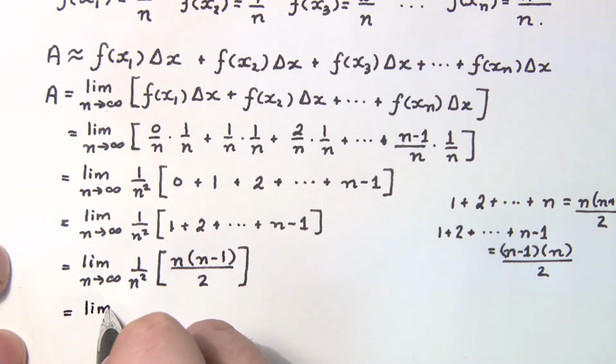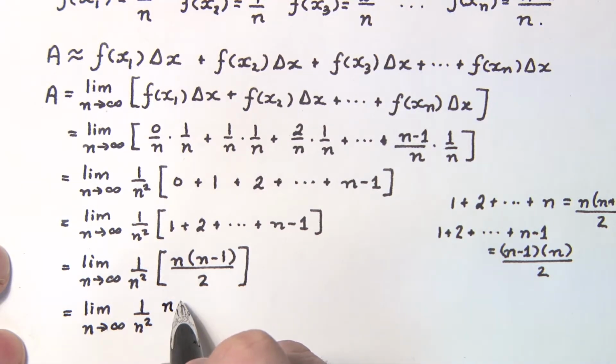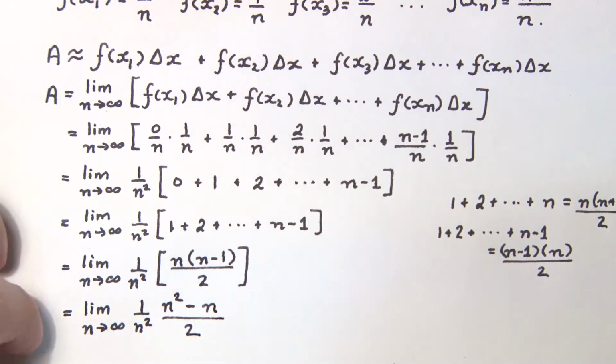So now again, the limit as n goes to infinity of 1 over n squared, and I'm going to expand that out so that I have n squared minus n divided by 2.